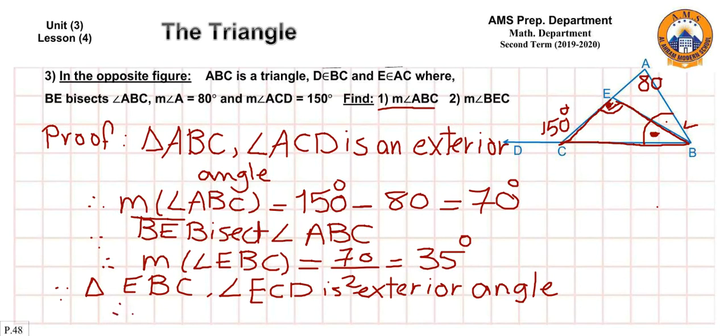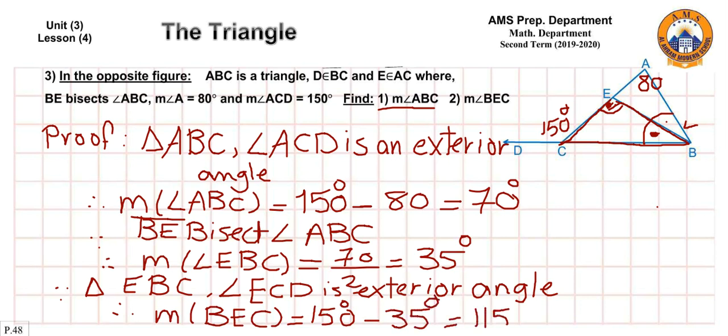So therefore the measure of angle BEC equals 150 minus 35, and this will be 115 degrees. This is the second required.